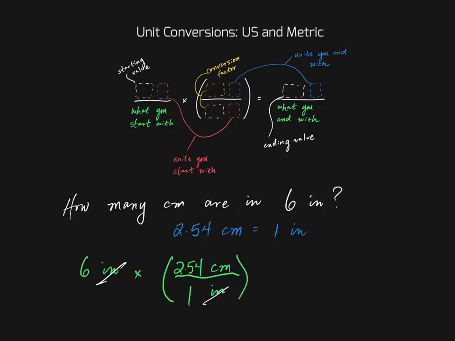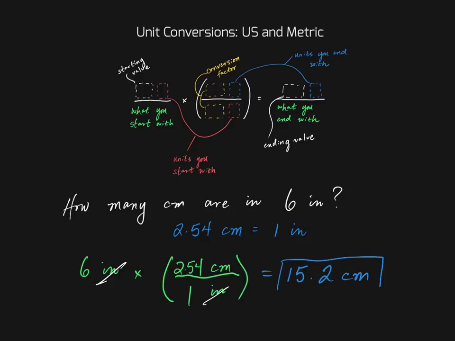So all we're left with are the units that we want. Okay? So from here, it's just all multiplication. So we're going to be multiplying 6 times 2.54 centimeters. And if my math is right, I believe that's going to give us 15.2 centimeters.